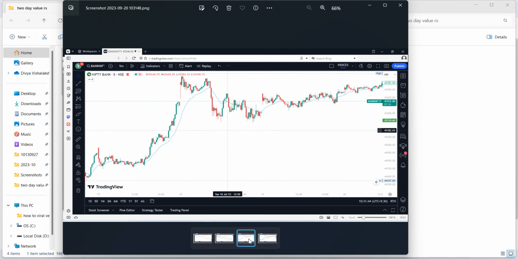Another example. See here, this is the naked chart. Once you learn about the CPR, you are not able to see the charts without the CPR indicator. I'll tell you one story. I had done my pre-market analysis and sat before my table at 9 o'clock or 8:45. That day, when I switched on the computer, my CPR levels were gone. I don't know how it happened, but my CPR levels were gone.